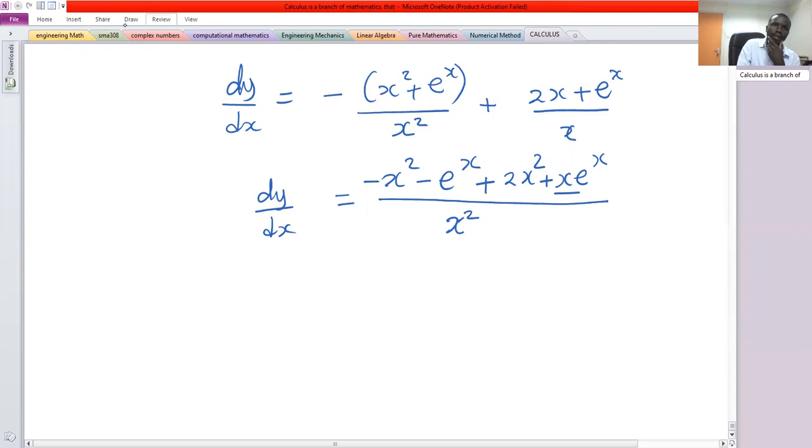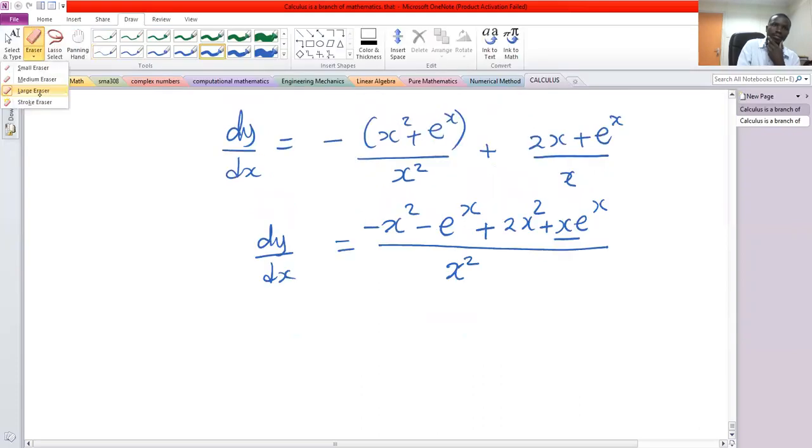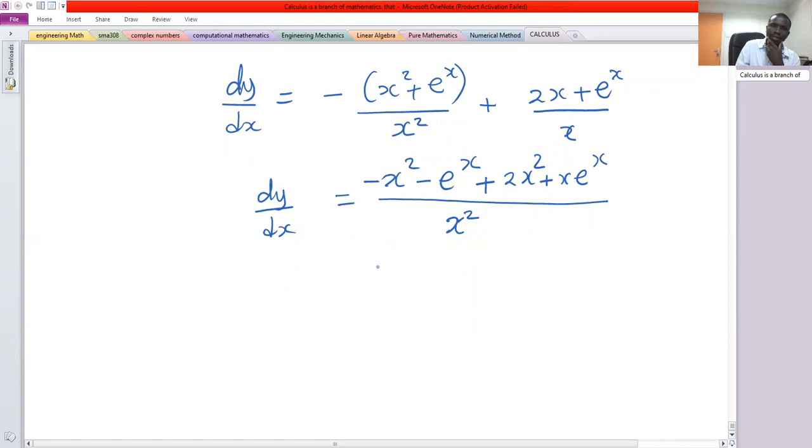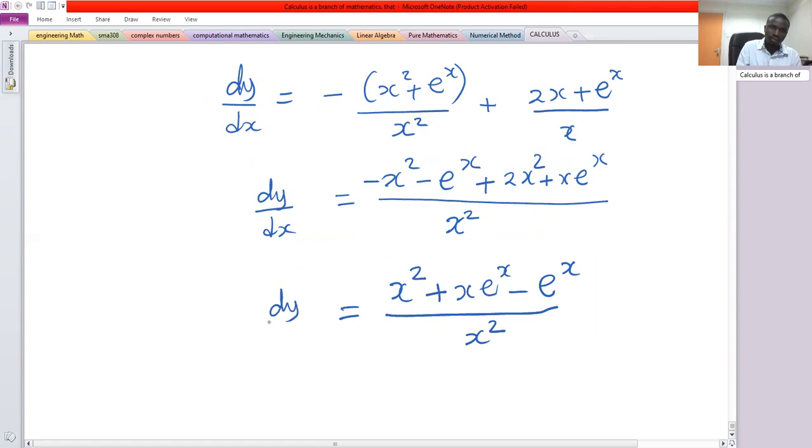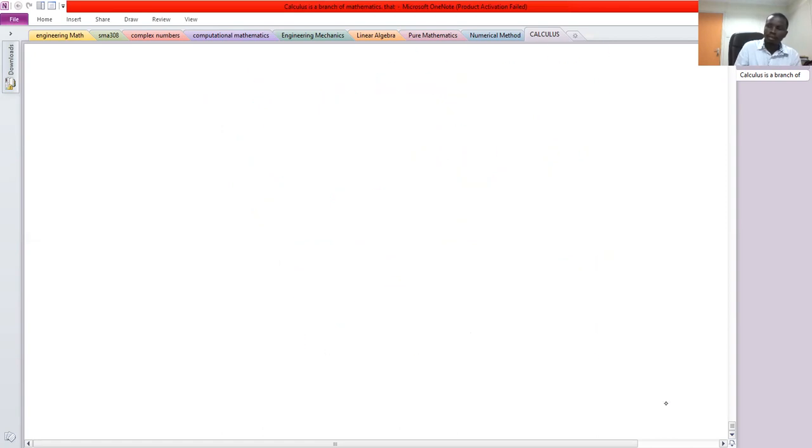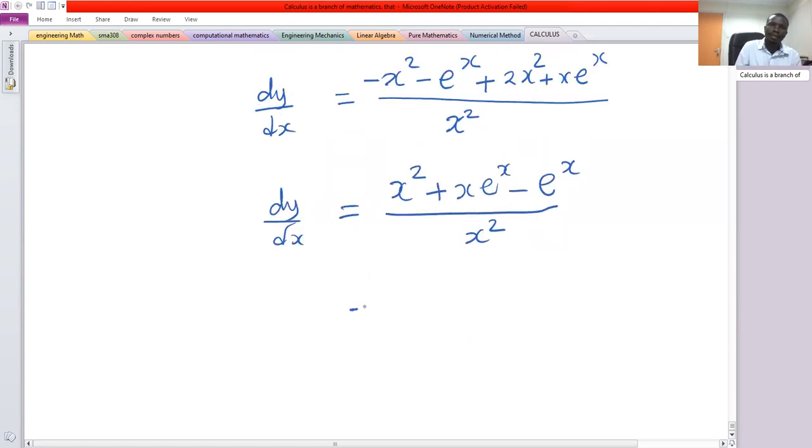So dy dx, collecting like terms: 2x squared minus x squared will be x squared, and then plus x e raised power x minus e raised power x, divided by x squared, which you can write as x squared over x squared plus x minus 1 e raised power x over x squared.